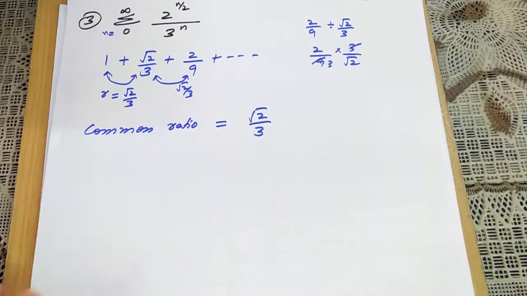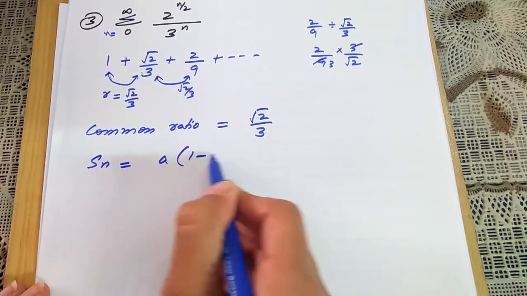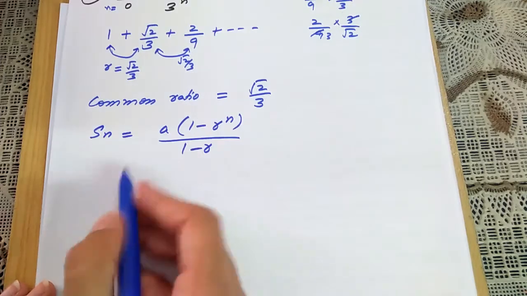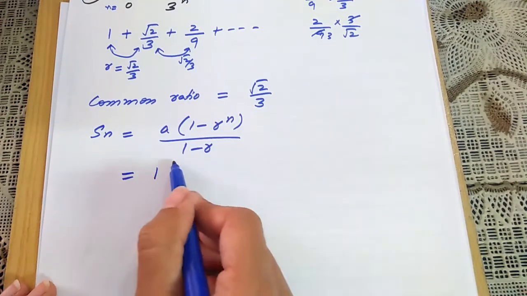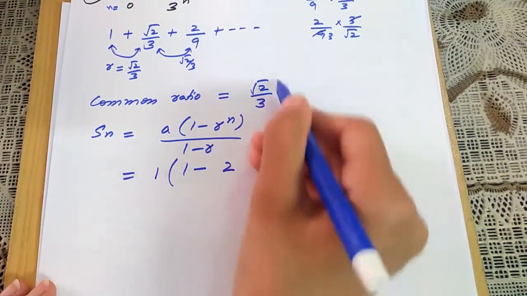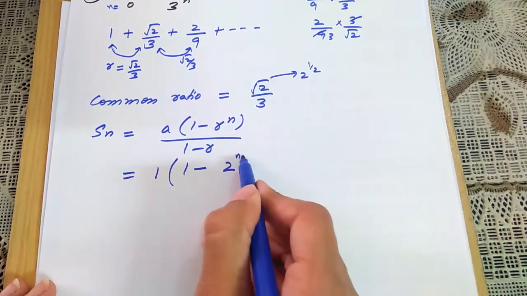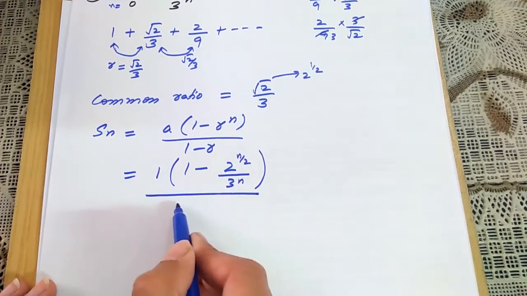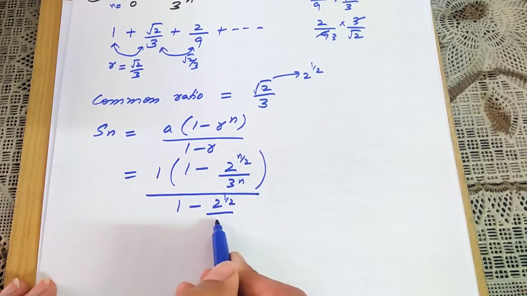Now you can just find out its sum. That is, the sum of the series will be a(1 − r^n)/(1 − r). Here a is your first term of the series, that will be 1, into 1 minus r raised to power n, which means 2^(n/2) over 3^n, divided by 1 minus root 2 over 3.